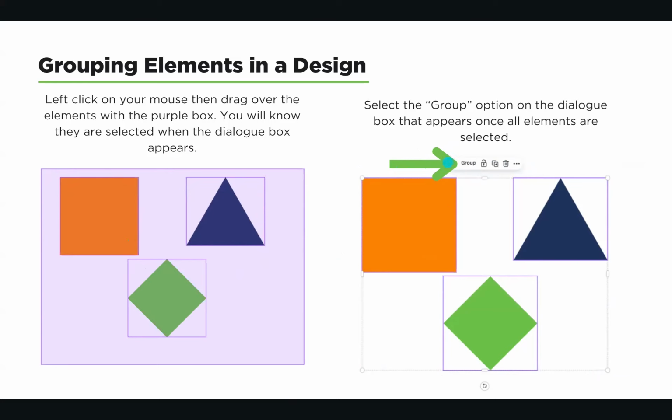If you choose group from this little toolbar that comes up, then that groups all three of these elements together. So once you group elements on a page, you can move them around together. You can rotate them all at once, or make them smaller, larger, that kind of thing. It does that in unison, so that way you don't have to just individually resize each shape.